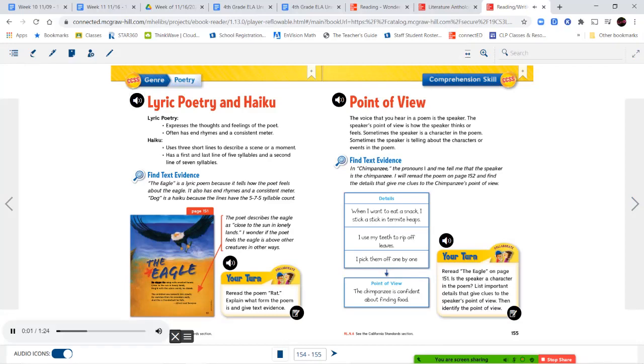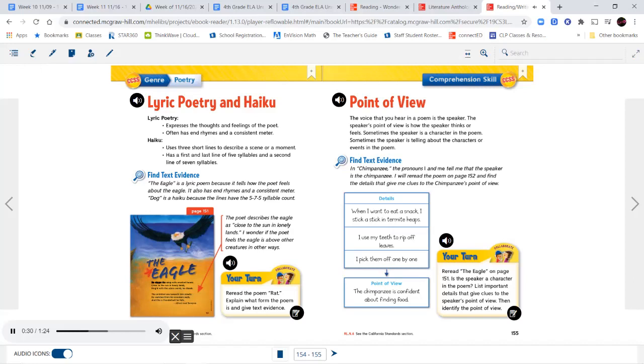Lyric poetry and haiku. Lyric poetry expresses the thoughts and feelings of the poet, often has end rhymes and a consistent meter. Haiku uses 3 short lines to describe a scene or a moment, has a first and last line of 5 syllables and a second line of 7 syllables.